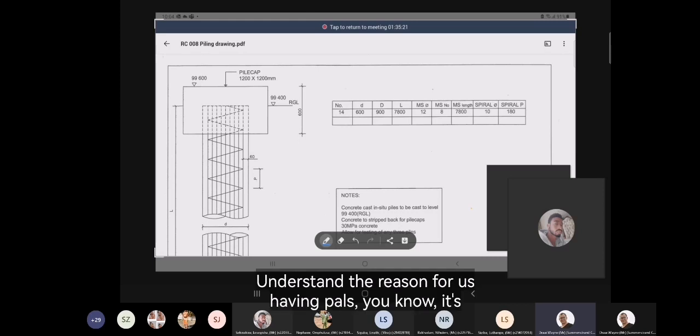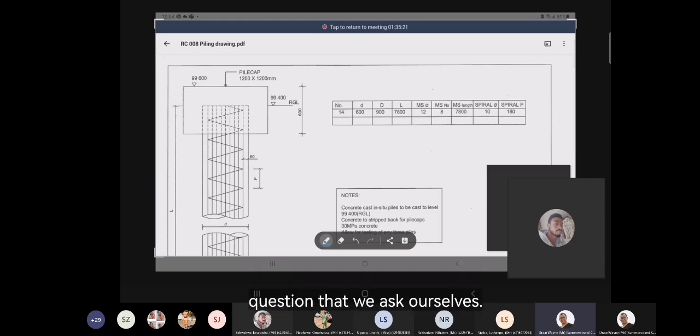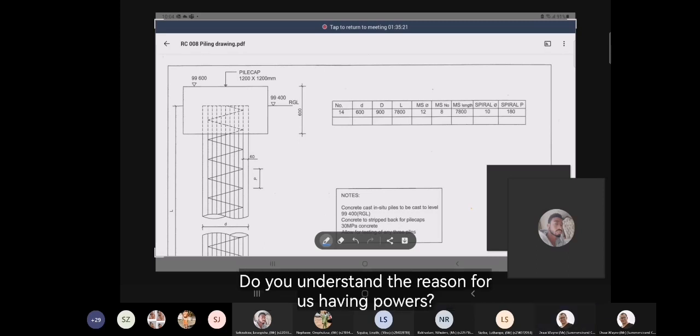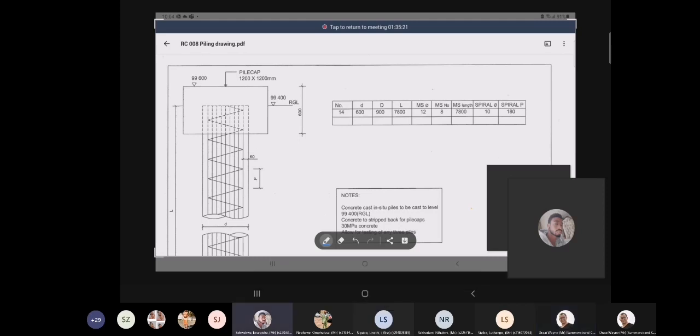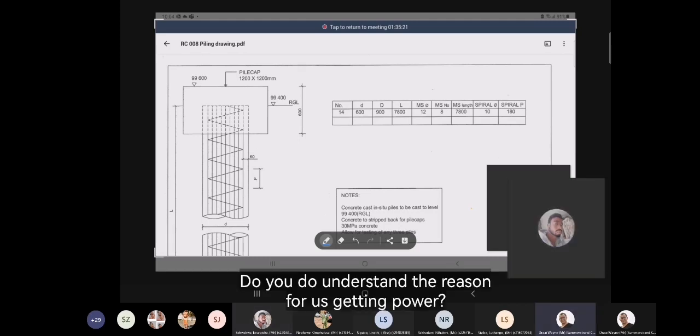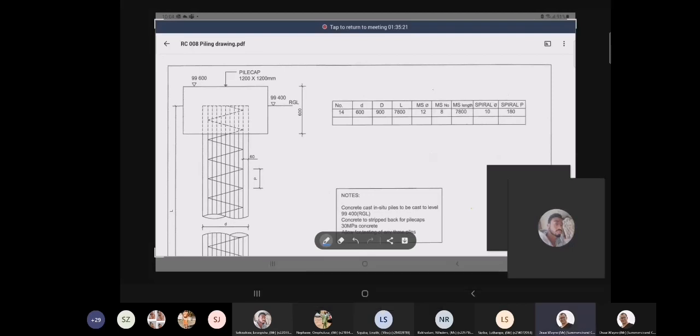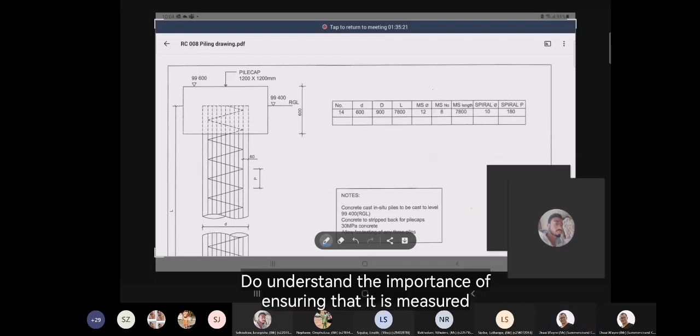But the big thing is, guys, especially with piling, do you understand the reason for us having piles? You know, it's questions that we ask ourselves. Do you understand the reason for us having piles? Not the piles that we get in our behinds, no. Do we understand the reason for us getting piles? Do we understand the importance of ensuring that it is measured correctly?